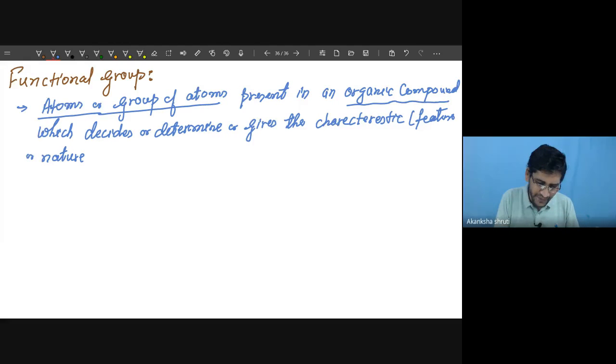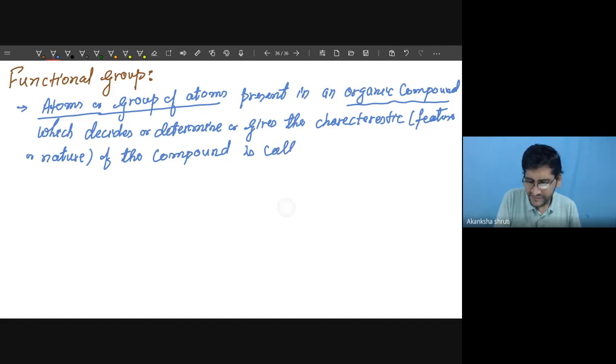It will be decided by the group of atoms, only certain atoms or only a certain group of atoms, not by the entire carbon chain. Atoms or group of atoms present in an organic compound which decide or determine or give the characteristic or nature of the compound is called a functional group. Okay, students.